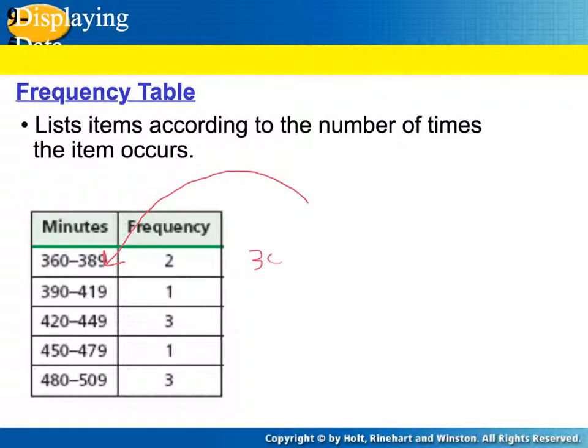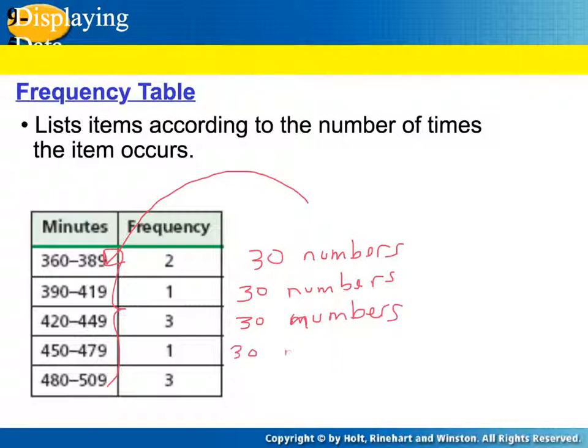That is 30 numbers. There are 30 numbers in there. Okay, from 390 to 419, again, we have 30 numbers. Each of these sections here has the same number of values. Okay, same number of values.